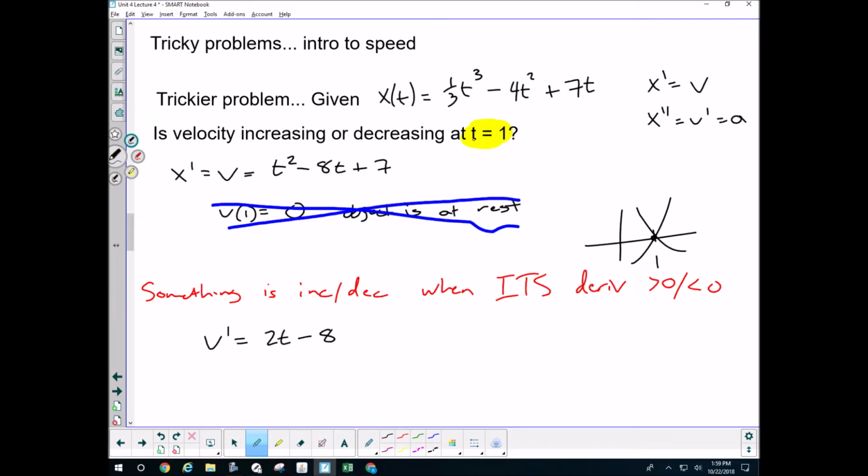And since I'm only worried about what's going on at t equals 1, you plug 1 in here, you get that it's -6, but actually I don't even care that it's -6. It's not asking you for the actual value, it's just asking you, are we increasing or decreasing? And since v prime at 1 is negative, we therefore can say velocity is decreasing.